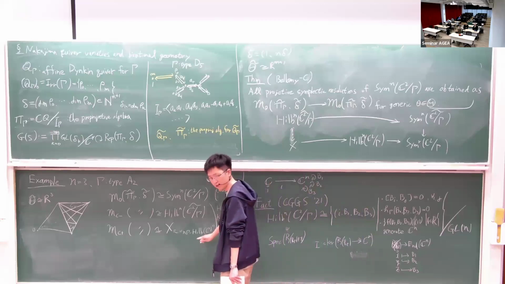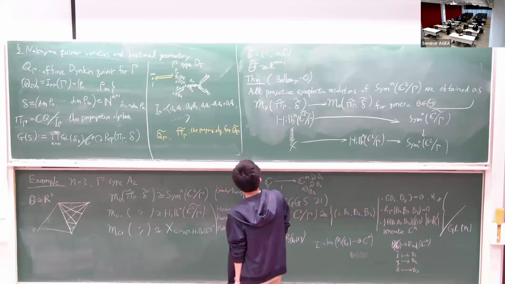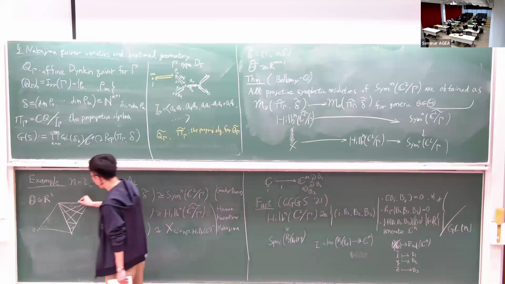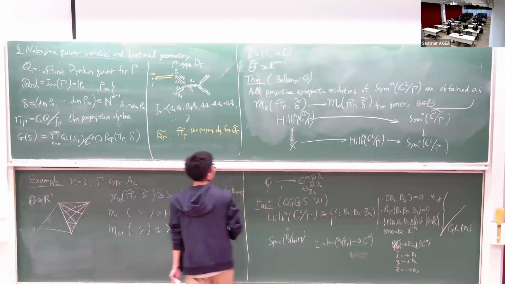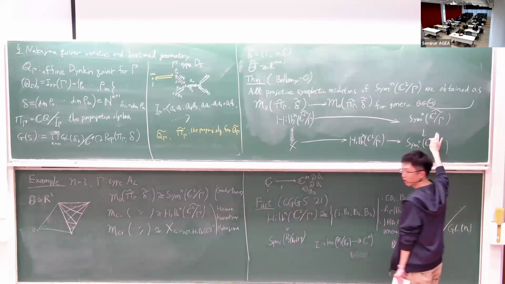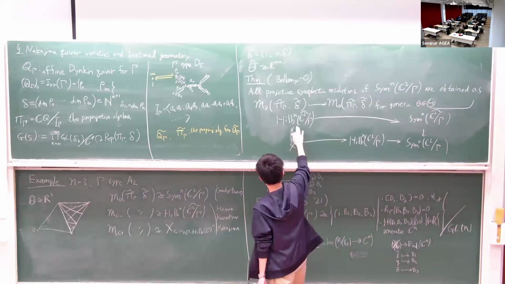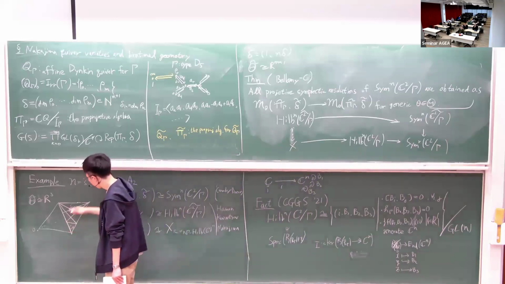So this has an interpretation as a Hilbert scheme, and for example, if we take an element from this world, then the corresponding moduli space is this symmetric power of the minimal resolution, and so here we need flops, and the flops correspond to wall crossings.